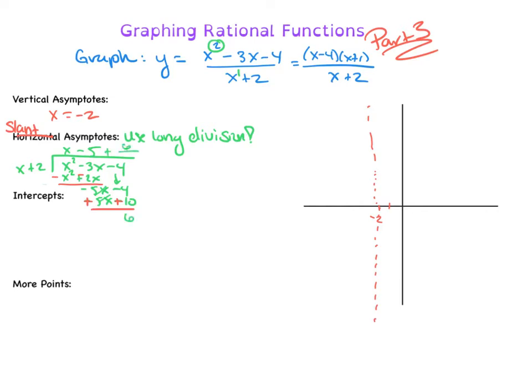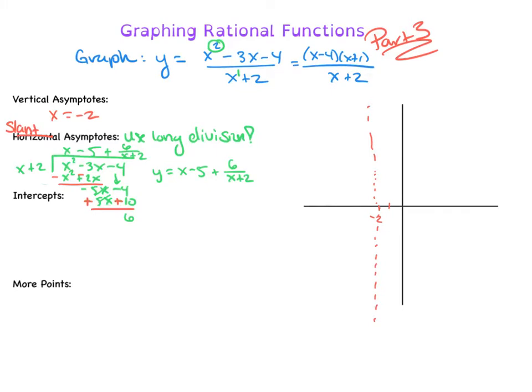So plus 6 still needs to be divided by x plus 2. So here's what we just found. We just found that our y could be written as x minus 5 plus 6 over x plus 2.